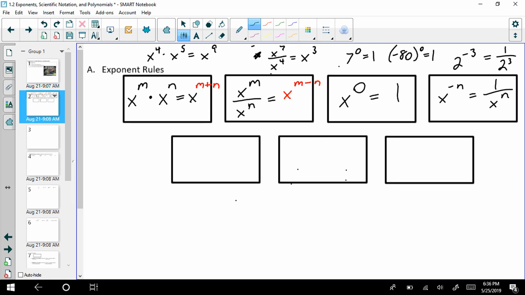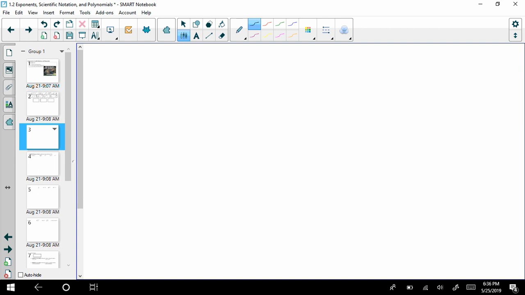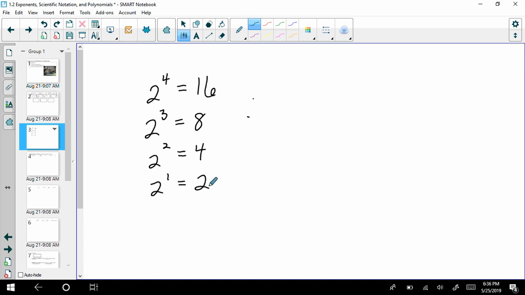Now, the reason why those rules work, because again they seem like someone just made them up, I want to quickly show you here. If I did a little pattern, 2 to the fourth is 16. 2 cubed is 8. 2 squared is 4. 2 to the first is 2.